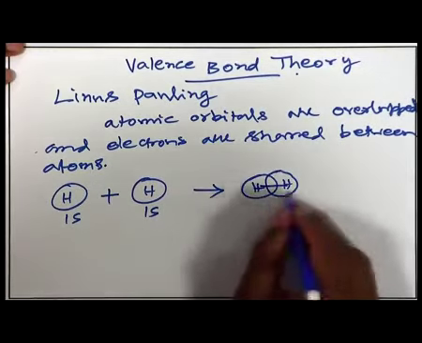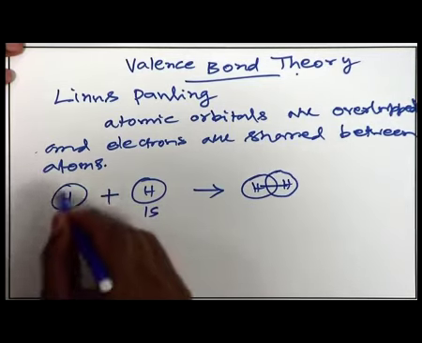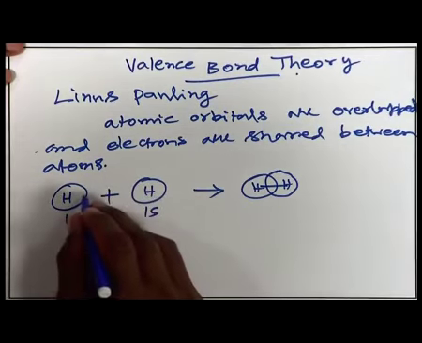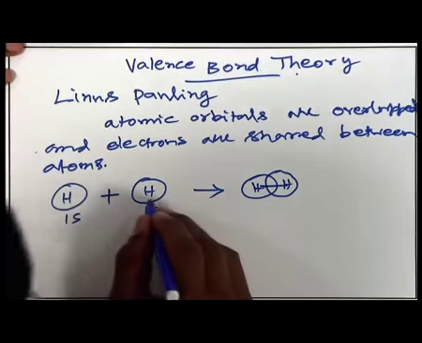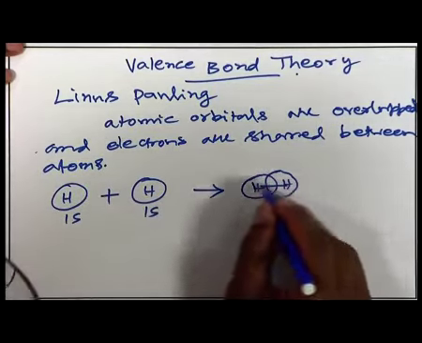That is formed by the overlap of the 1s orbital of one atom with the 1s orbital of the other hydrogen atom.